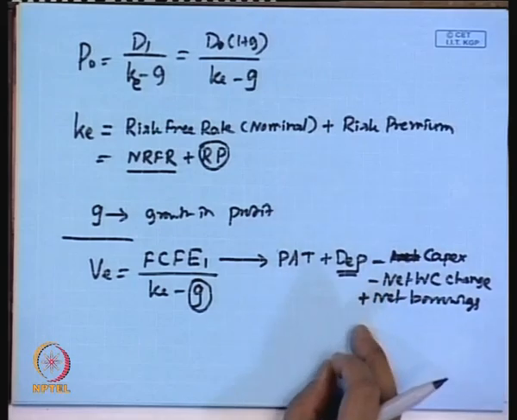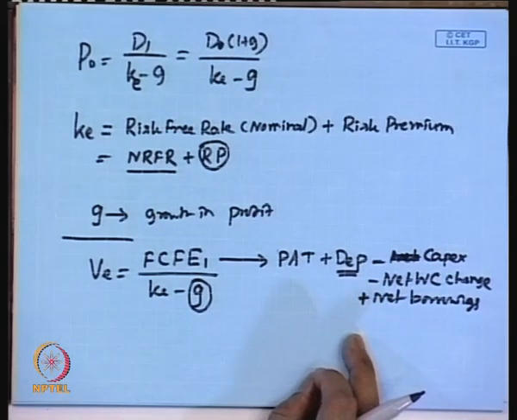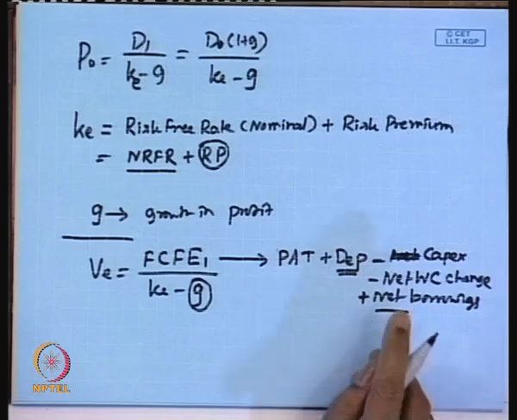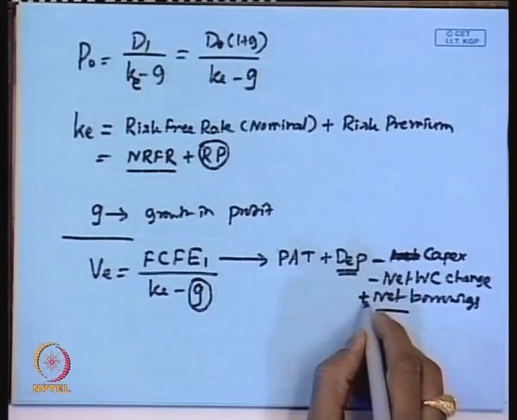Then we may have borrowing from the market or from the lenders, or through debentures and bonds. Net borrowings are nothing but the new borrowings less the repayment that has taken place during a particular year, and this borrowing is also going to affect the cash flow.